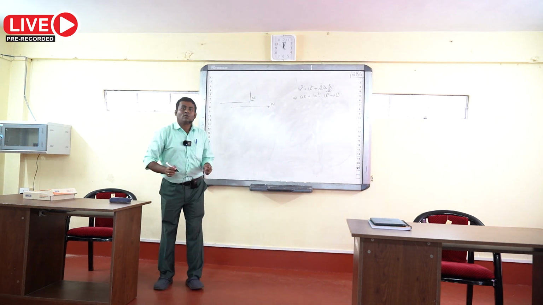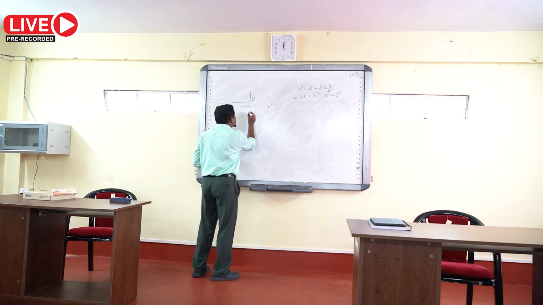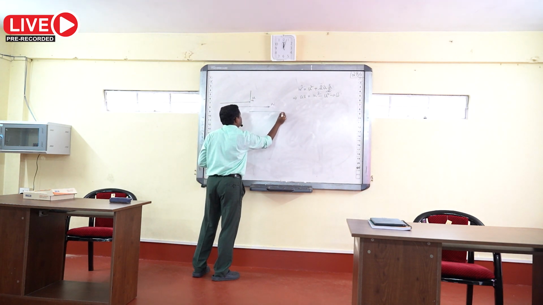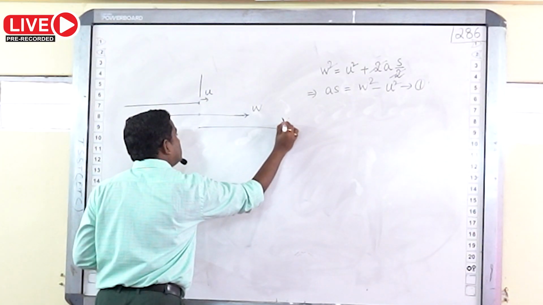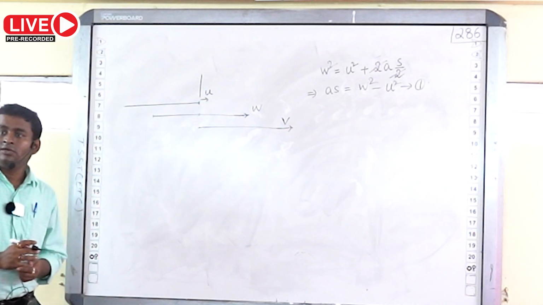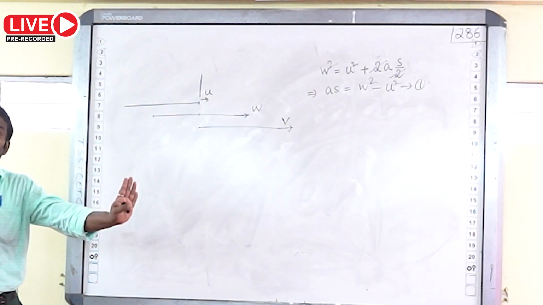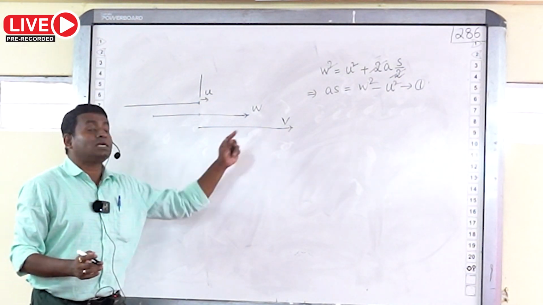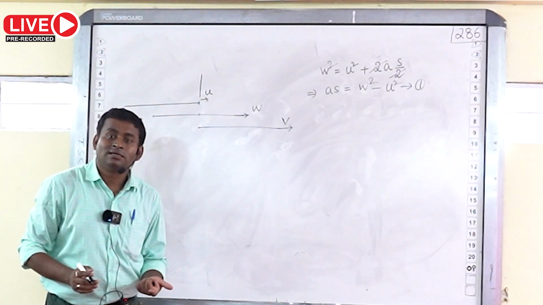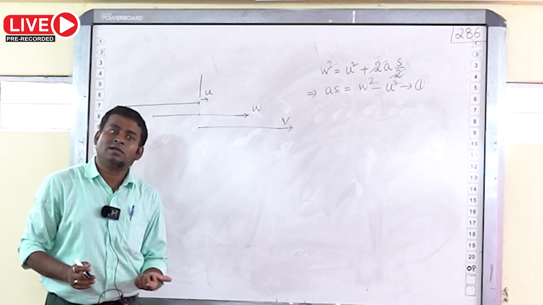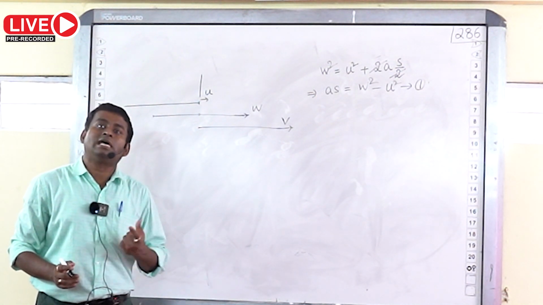Now I consider when the last point of the train crosses this post. What is the velocity now? V. When the last compartment crosses, then what is the displacement? Complete length is covered. Then total displacement equal to length of the train.